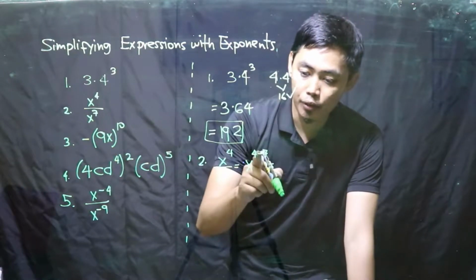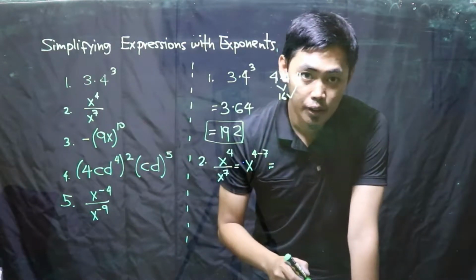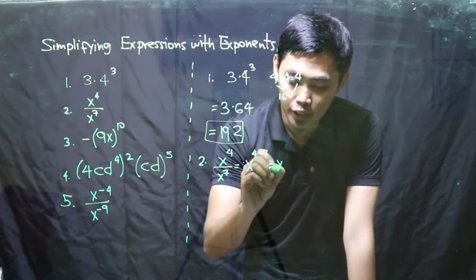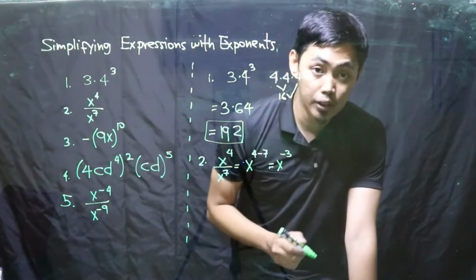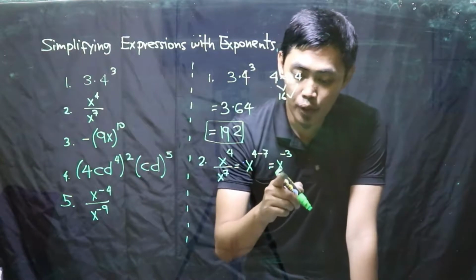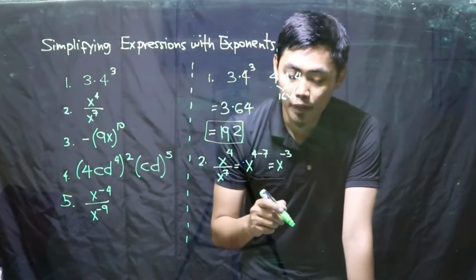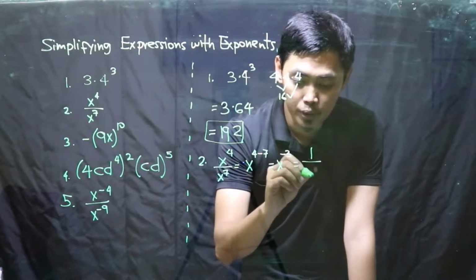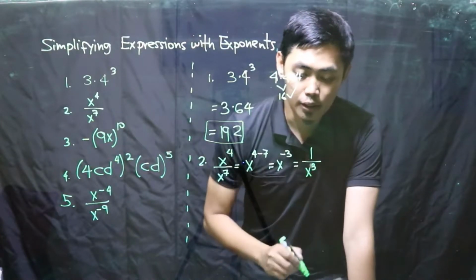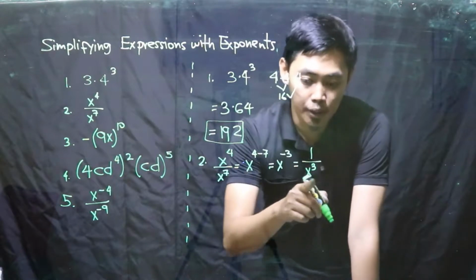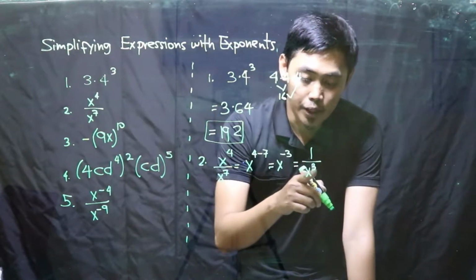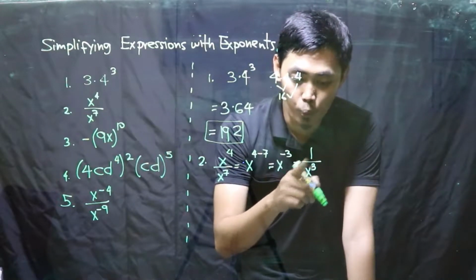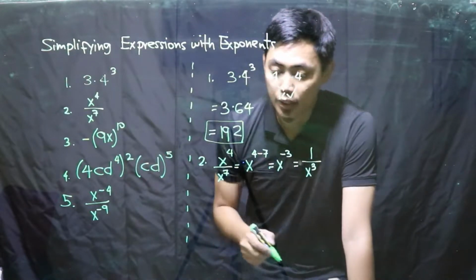And we all know that 4 minus 7 is negative 3, so the answer is x to the power of negative 3. If you have a negative exponent, just write 1 on the top and put your answer on the bottom with a positive exponent. So x to the power of negative 3 is equal to 1 over x to the power of 3.